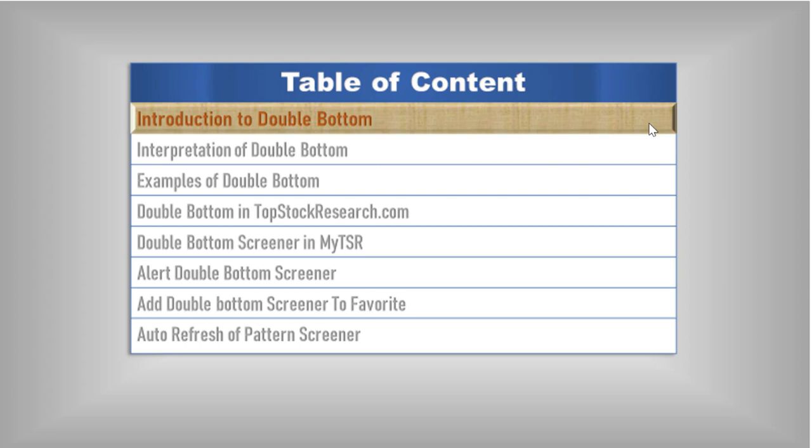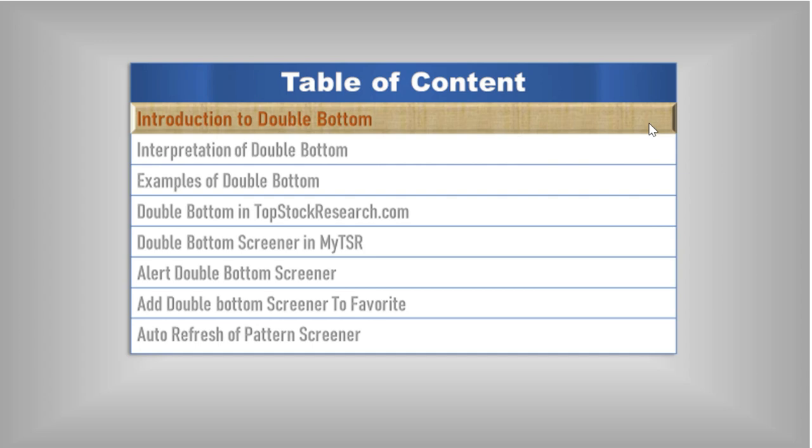TopStockResearch.com. In the premium view, we'll cover how to integrate charts, alerts, watch list, and portfolio along with the double bottom screener, how to add strategic alerts on the double bottom screener, and how to navigate to the double bottom screener so that it's a one-click process rather than going through the entire process again and again, followed by an auto refresh process.